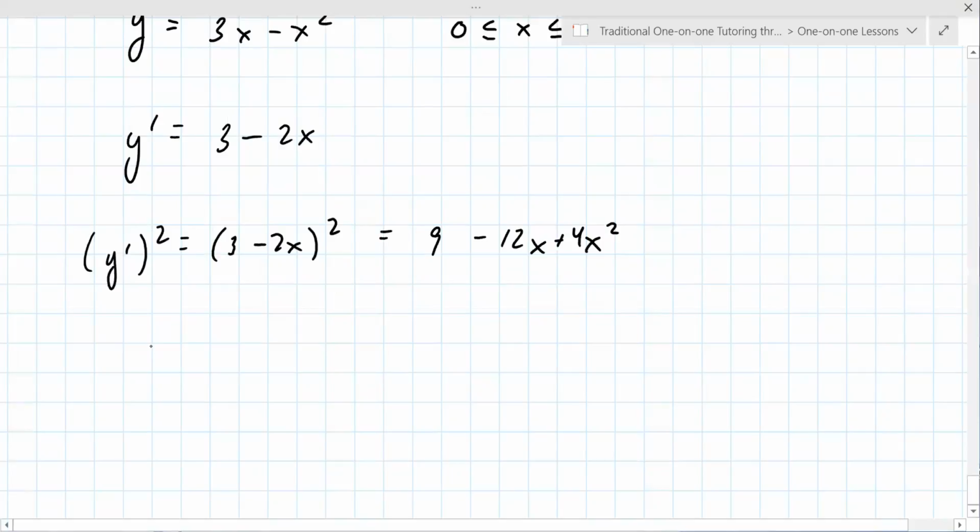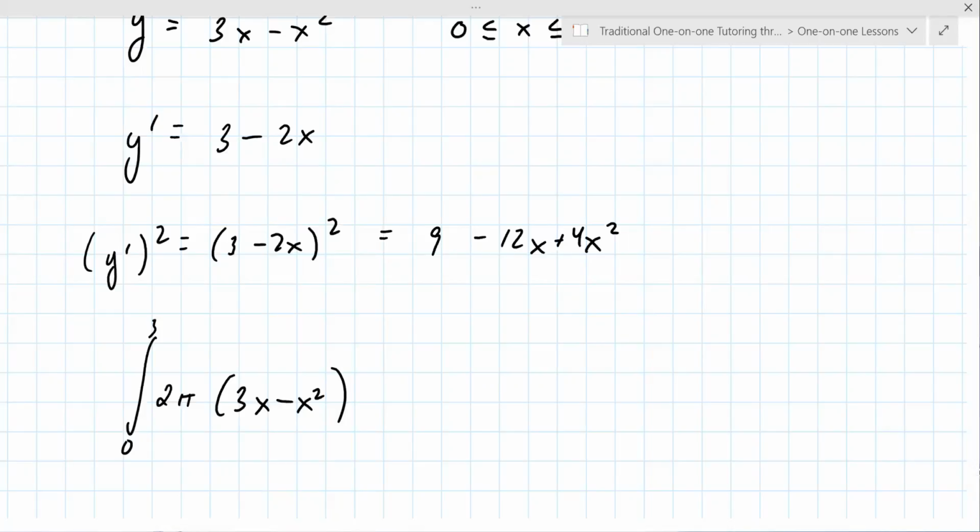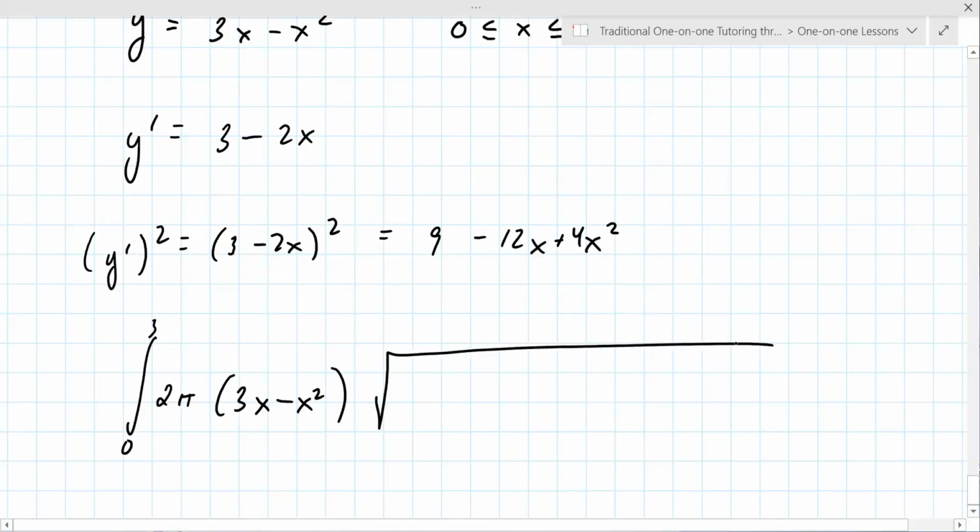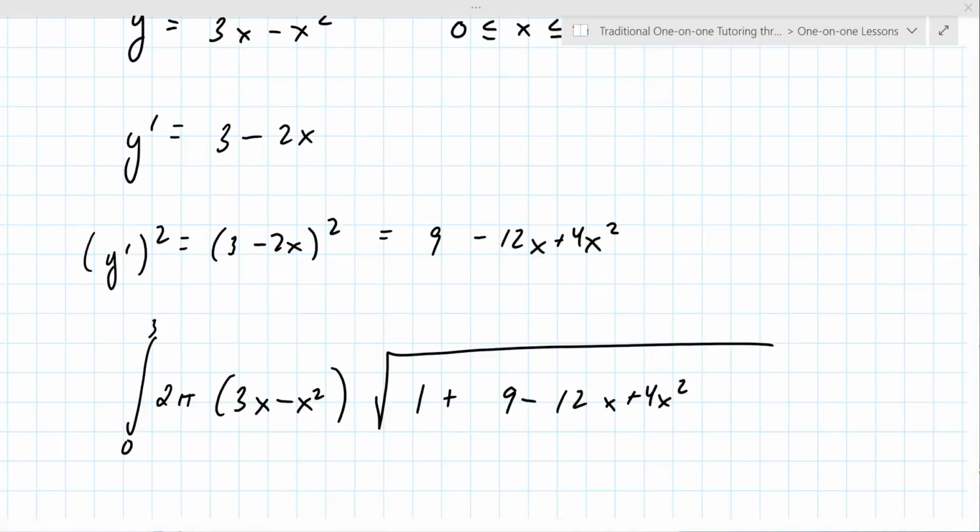So your integral is 0 to 3, 2 pi, parentheses 3x minus x squared, times the square root of 1 plus 9 minus 12x plus 4x squared. And then dx, don't forget about that.